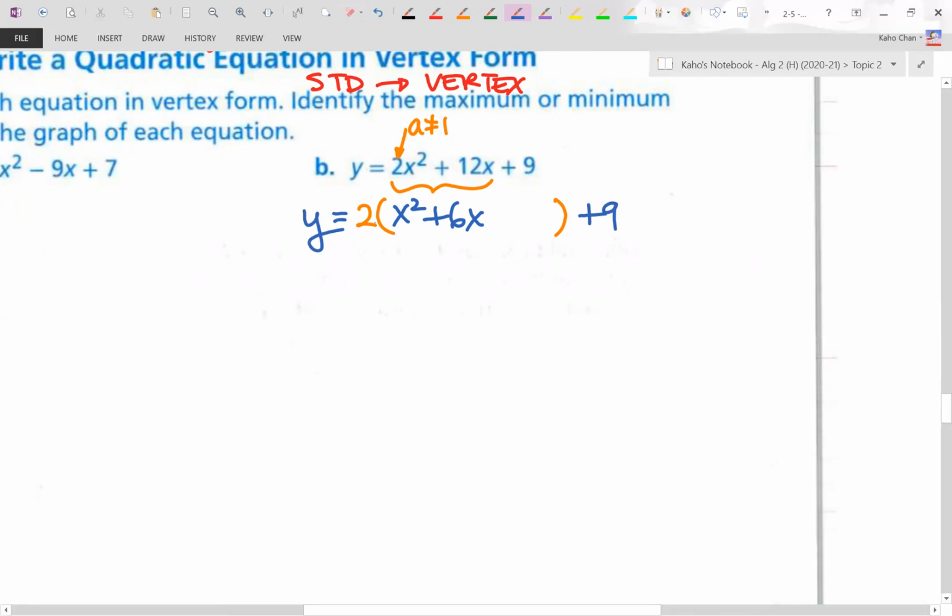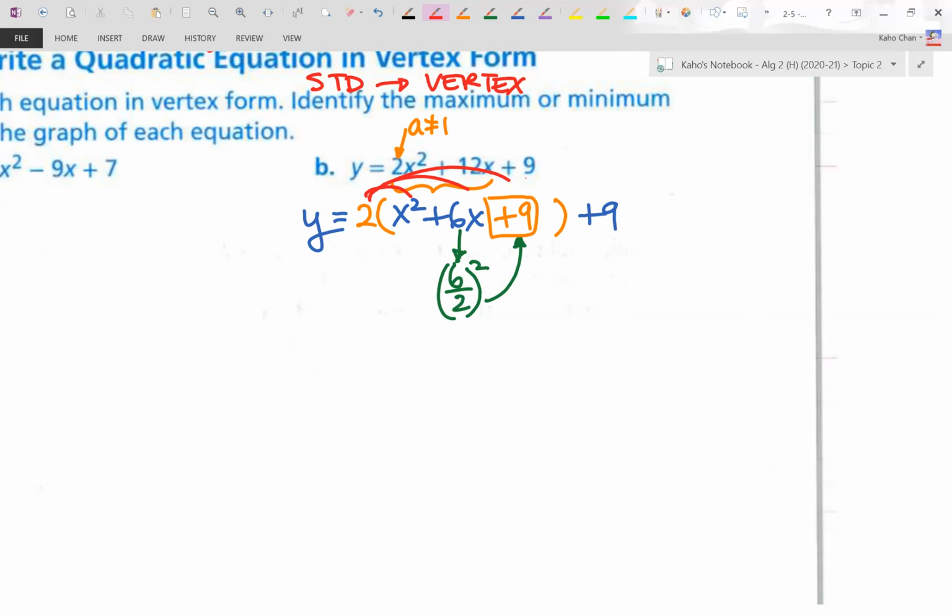Okay. Here we go. Let's take half of b and square it. Half of 6 is 3. 3 squared is 9. We just introduced, now remember, that 2 is important, we pulled 2 times 9 out of the air.